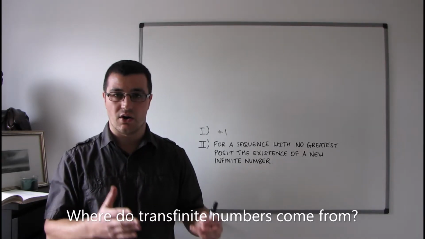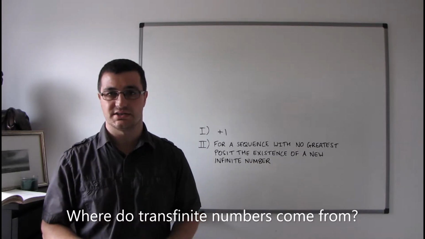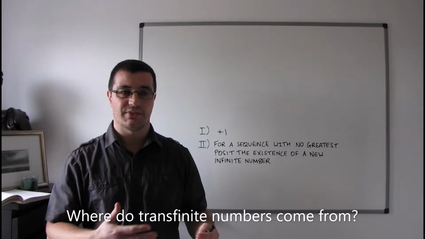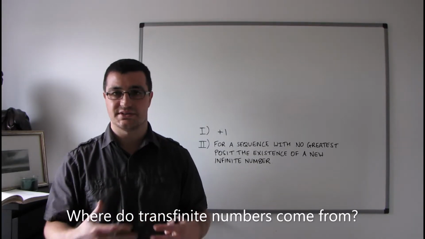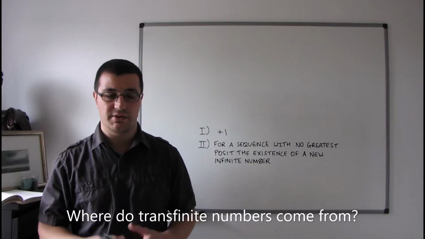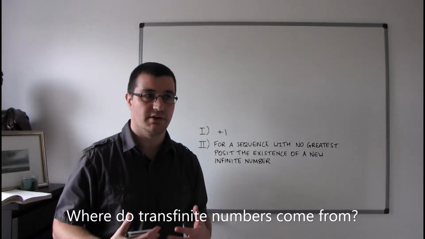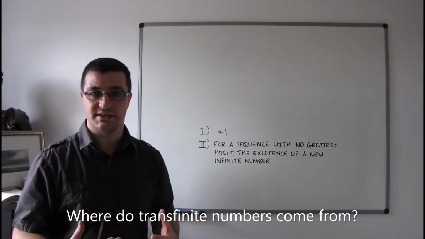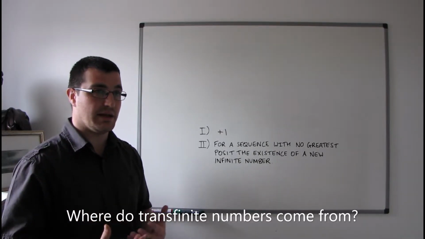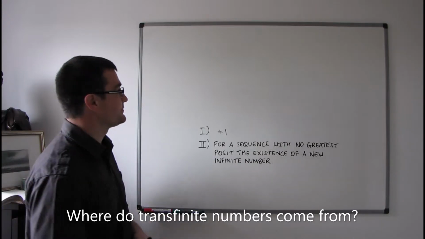They're to do with the ordering that's placed on the objects of an aggregate, and these numbers allow us to distinguish the ordinal types, the types of order that we see in these aggregates. But I'm going to give a brief overview of where these transfinite numbers come from, and it turns out they come about in quite a natural way.